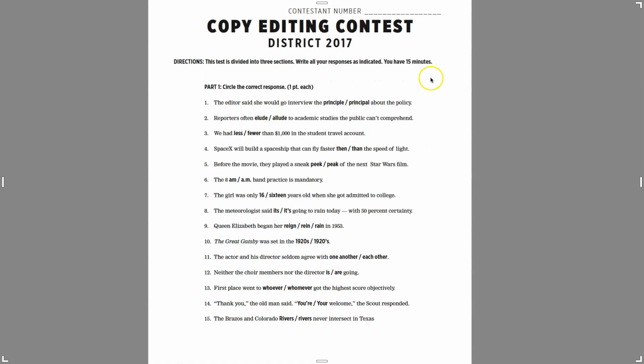The other thing that you're going to see a lot are AP style guide questions. These are questions based on, do you know the basic rules of the AP style guide, Associated Press style guide? Now, the AP style guide is a really thick reference book that has lots and lots of rules and details. You do not have to know everything for these copy editing tests, but there are some that occur a lot that you really need to understand the rules for.